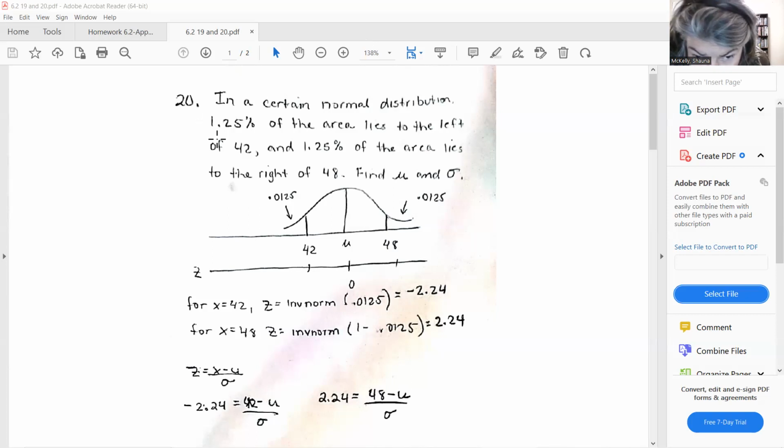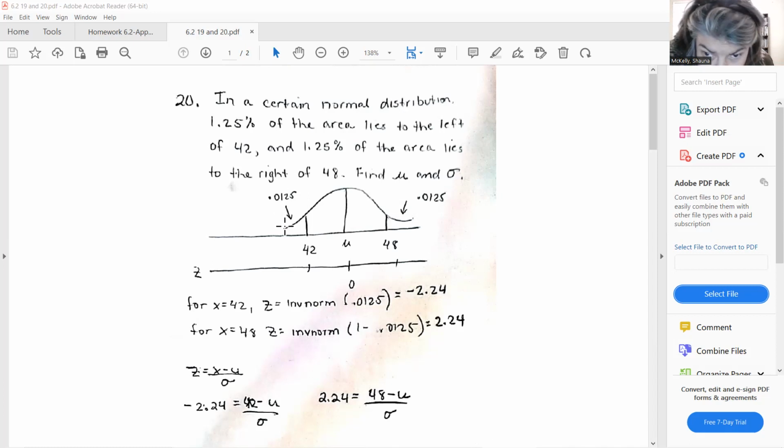Sometimes students get this confused, especially if you're reading just the first part, and they don't know where to put the numbers. So you know that a small portion of the area lies to the left of 42. So 42 has to be somewhere in the left tail because only a small portion lies to the left of it.